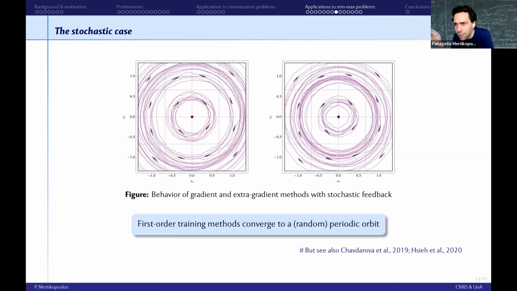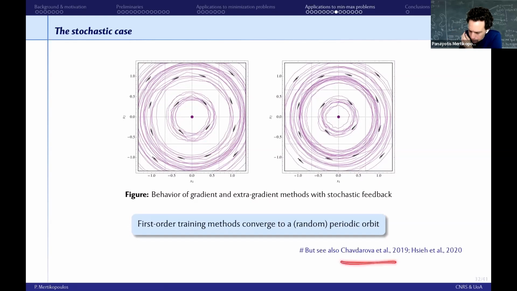All right, it will be random based on how the noise evolves and the initialization, but they will all converge to this periodic orbit. There are, specifically for the case of bilinear problems, or merely monotone problems, some very specific tweaks and fixes that we can do in order to improve this, but only in the case of bilinear or merely monotone problems.